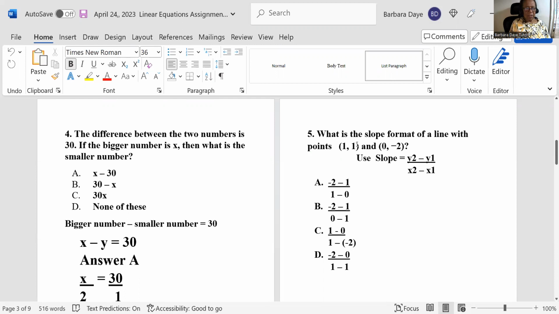What's your X right here? Oh yeah, 1. Because the X is first. This is XY, right? Remember I say when you put the points, you put them as XY. X always comes first, right?